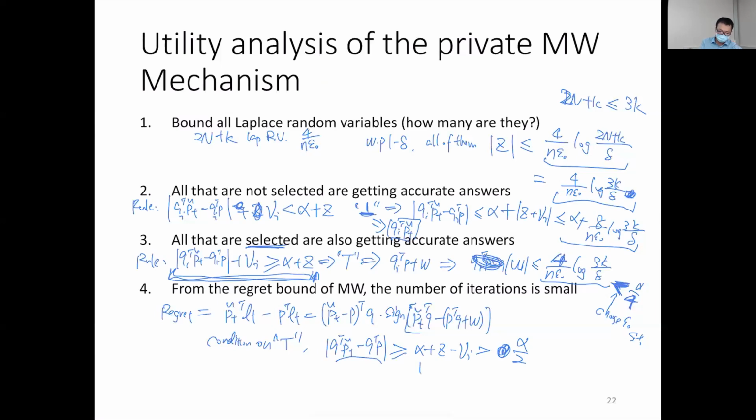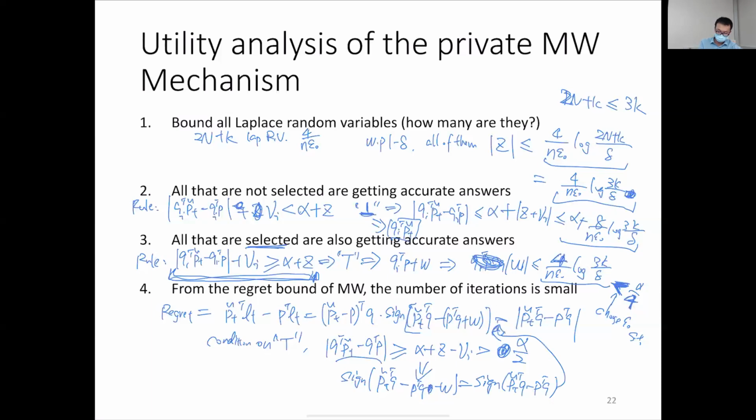Okay, so under this condition, this implies that the sign of P tilde transpose Q minus P transpose Q plus this W noise is going to be the same as the sign of P tilde transpose Q minus P transpose Q. And when we substitute this back into this equation, we get the same thing that we have in the noiseless case, that this is simply the absolute value of P tilde transpose Q minus P transpose Q. This is simply the error.